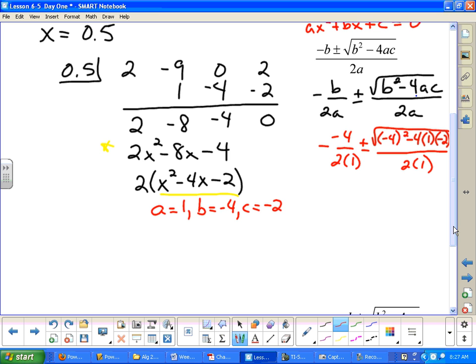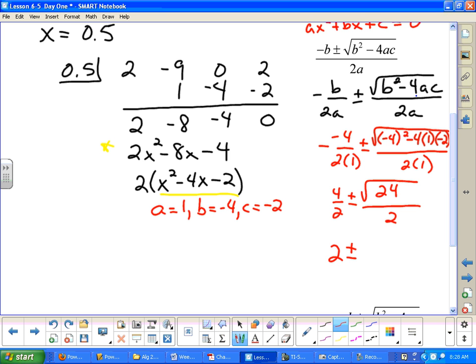So here I get 4 over 2 plus or minus the square root of, and that's 16 plus 8, right? So 24. So we have 2 plus or minus.